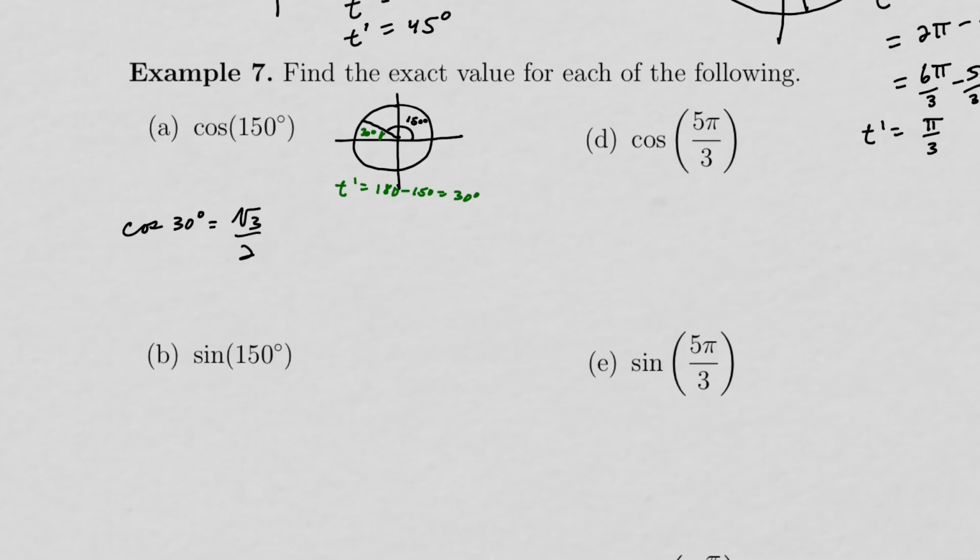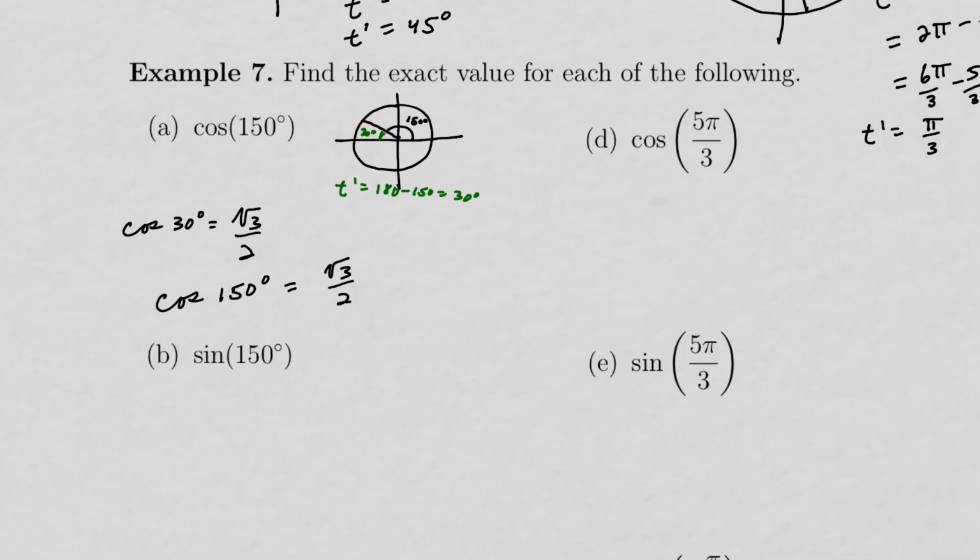So that means cosine of 150 degrees is also equal to radical 3 over 2, except I need to check what the correct sign. It could be positive, it could be negative. So how do I know that? Well, depending on what quadrant I'm in. What quadrant am I in at 150 degrees? I'm in the second quadrant. So remember, all students take calculus.